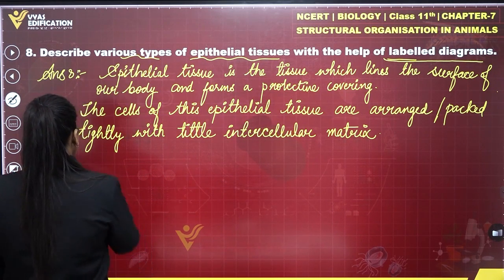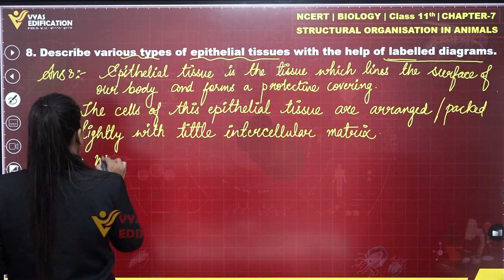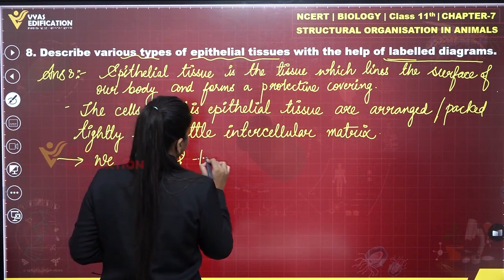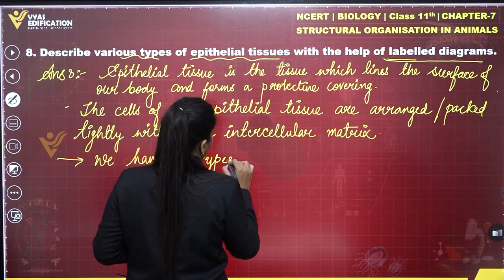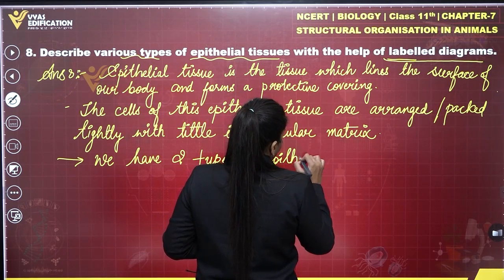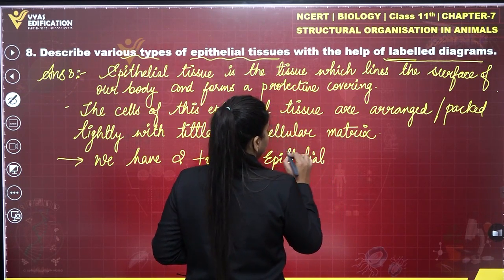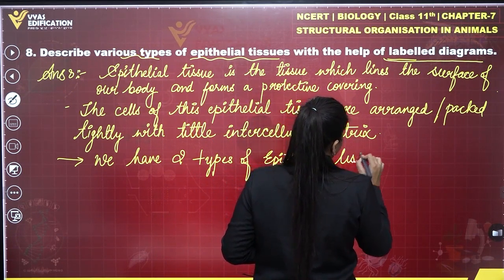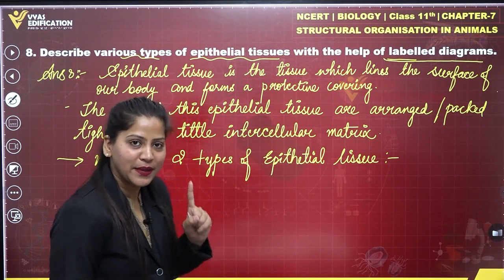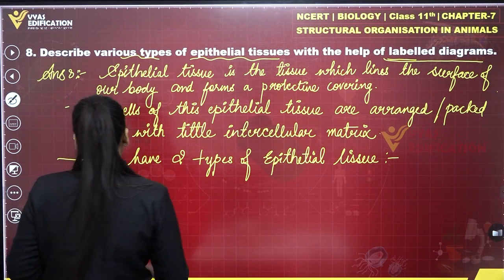Now we have two types of epithelial tissue. What are these two types of epithelial tissue? One is simple epithelium and compound epithelium is the other one.